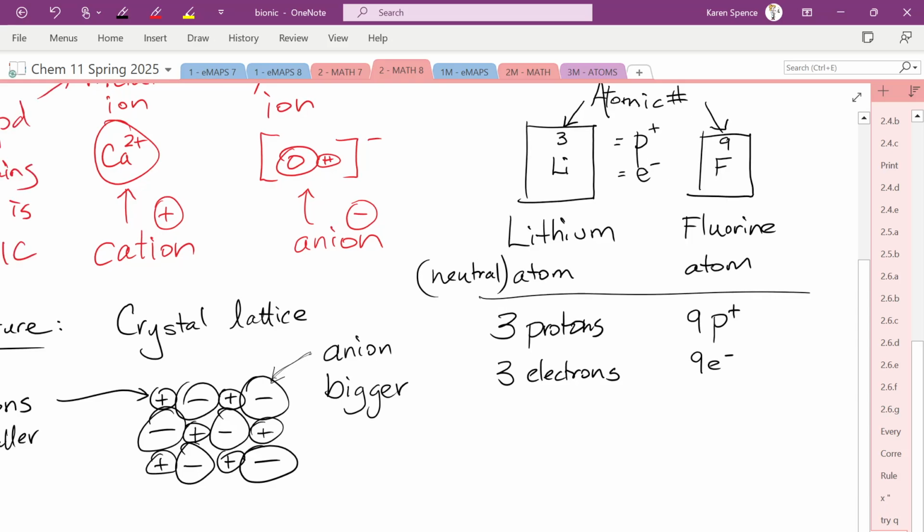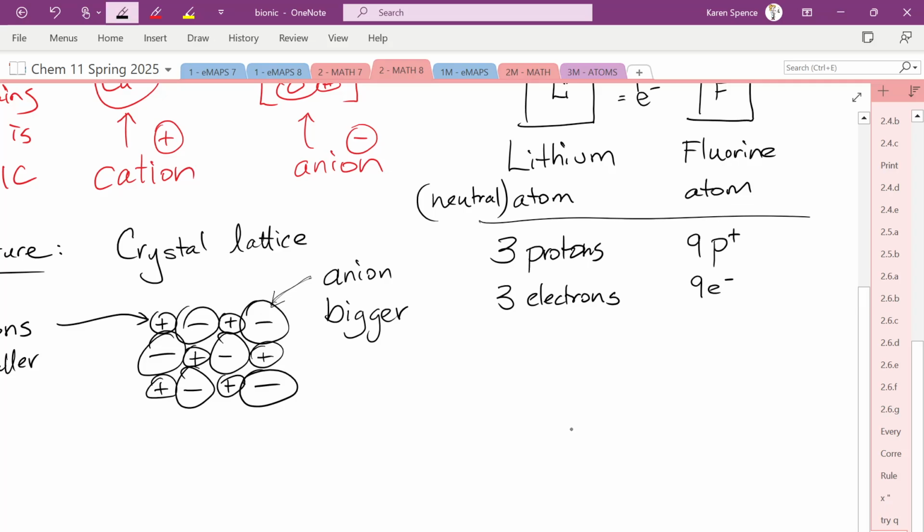Okay, let's draw a Bohr model. We are going to ignore the neutrons for now. What goes in the center of the Bohr model? Protons. Okay, so for lithium, we are going to have 3 protons. And then what do we call these things that go around? We call those electron shells.